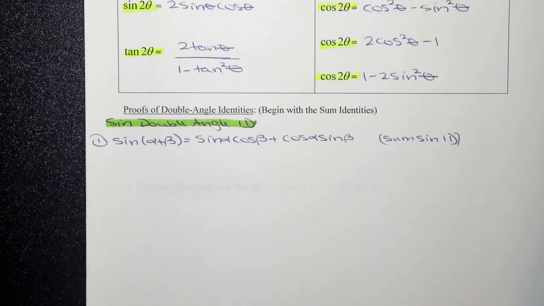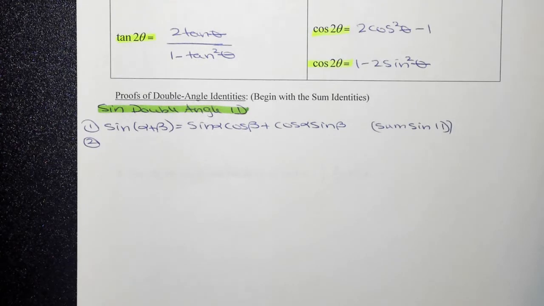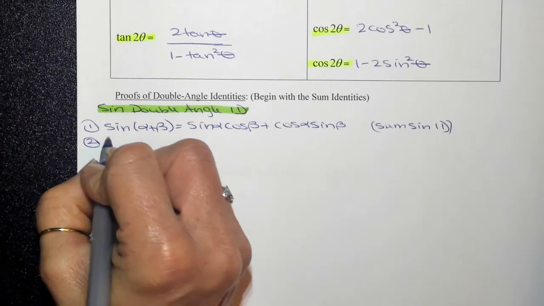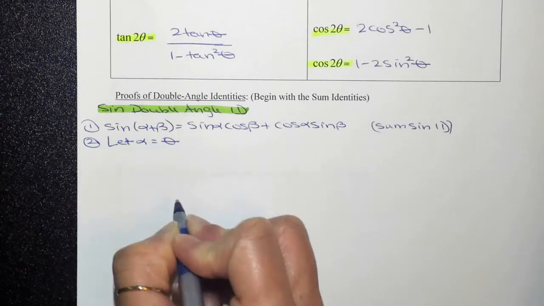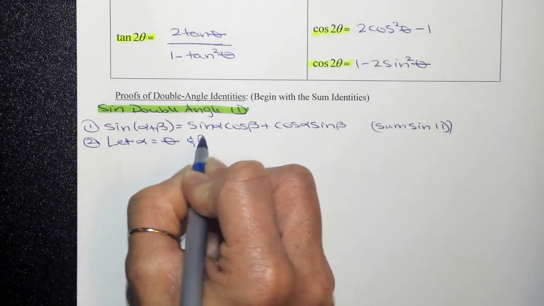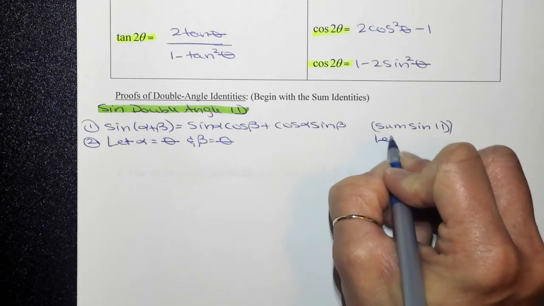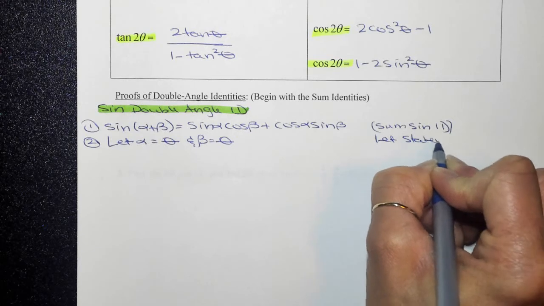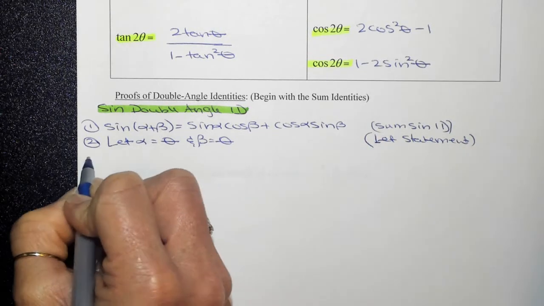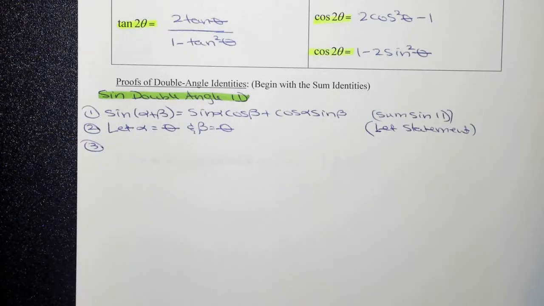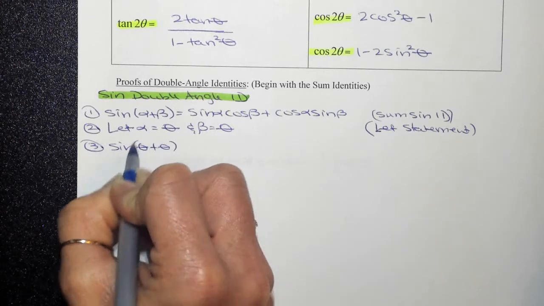It doesn't matter. Okay, so in step number 2, we are going to write what's called a let statement. So we're going to let alpha be equal to theta and beta be equal to theta. Okay, so this is what's known as a let statement. In step number 3, we're going to make that substitution. So this is the sine of theta plus theta.